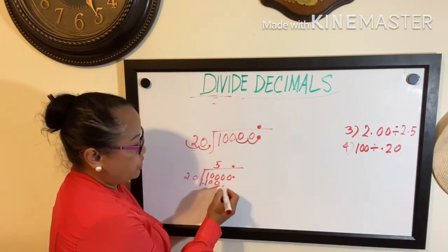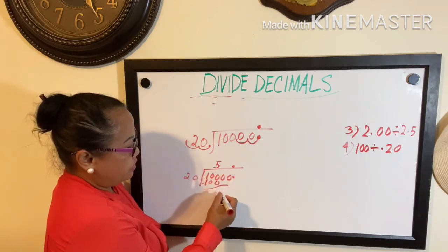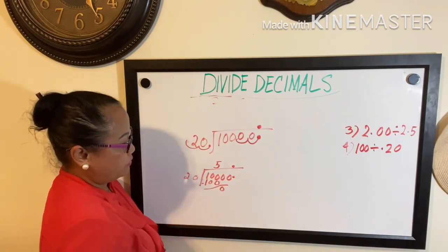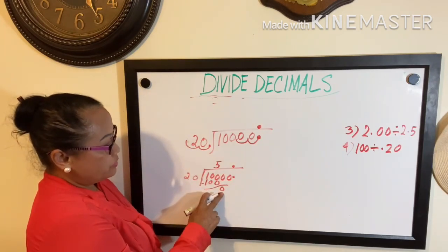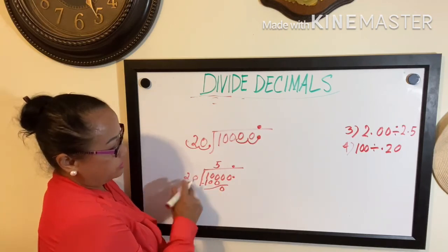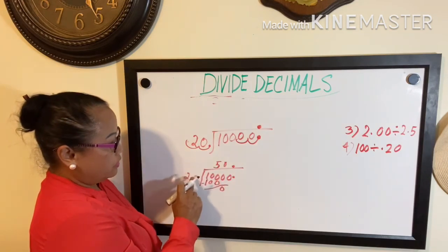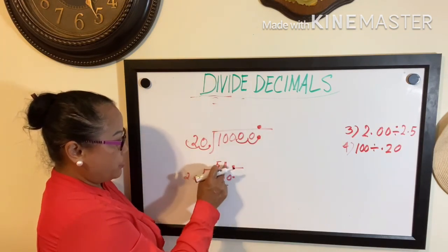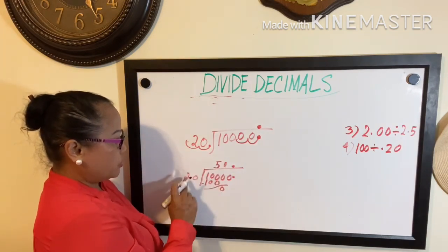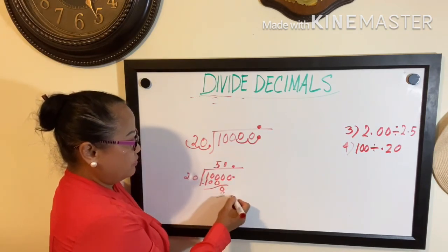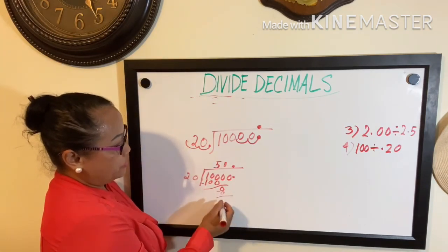So now we have to bring down our 0 here. 0 divided by 20 is 0. And then 0 times 20 is 0. 0 minus 0 is 0.